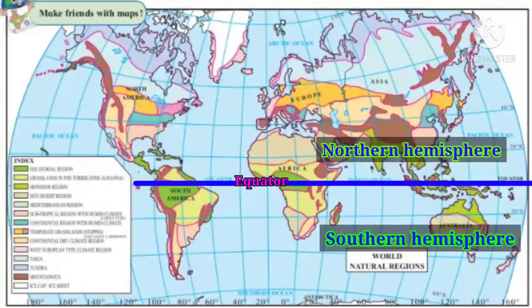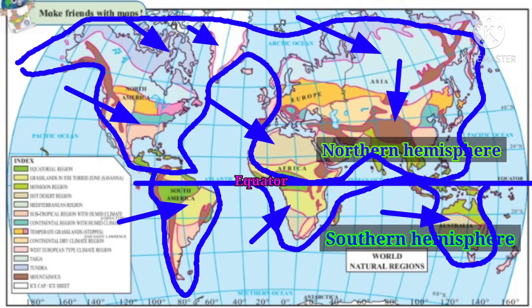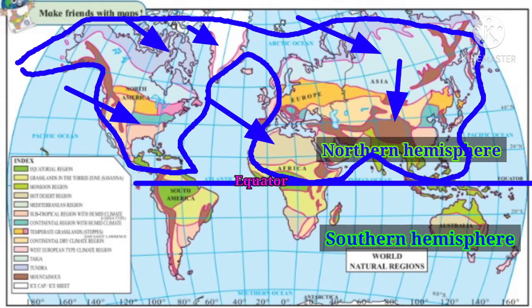Now you can see that in the northern hemisphere, the land mass is more, while in the southern hemisphere, water mass is more. So we can say that because the land in the southern hemisphere is less and has only two temperature zones, there are fewer natural regions in the southern hemisphere than in the northern hemisphere.